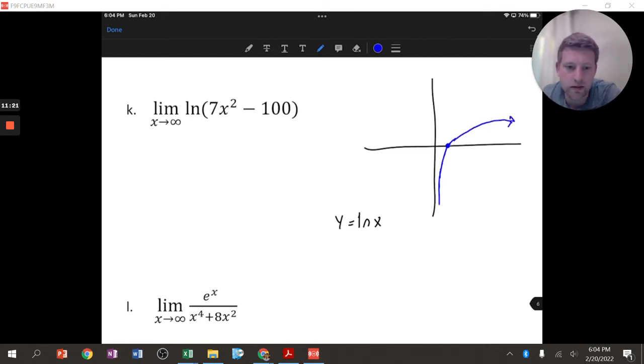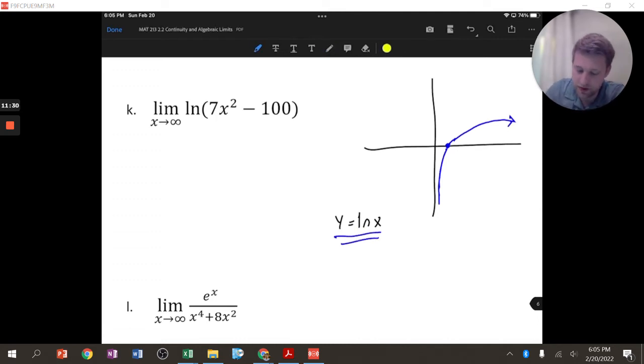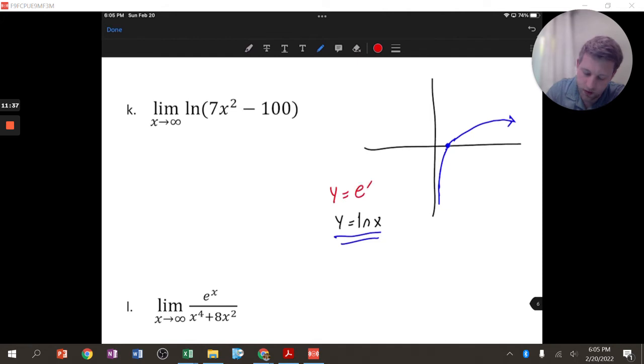So this is the inverse function to the exponential function. So if this is natural log in blue here, we could say that the exponential, we'll call this y equals e raised to the x, this will be helpful as well, would have the input 0, 1, and it would be an exponential increase function that does not cross the x-axis.